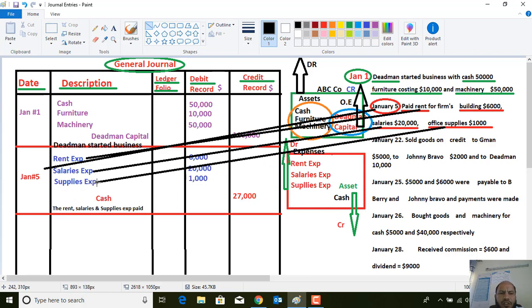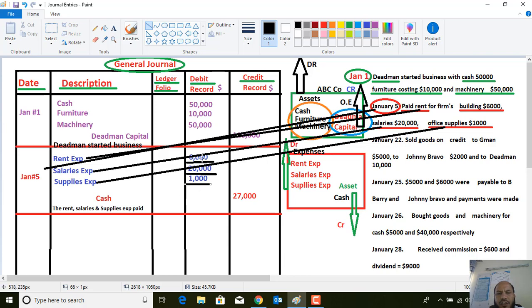And we used the office supplies, so we have recorded the office supplies. So all of these are expense accounts. An increase in expenses should be recorded at the debit side. So that's why we recorded 6,000 for rent, 20,000 for salaries and 1,000 for supplies.